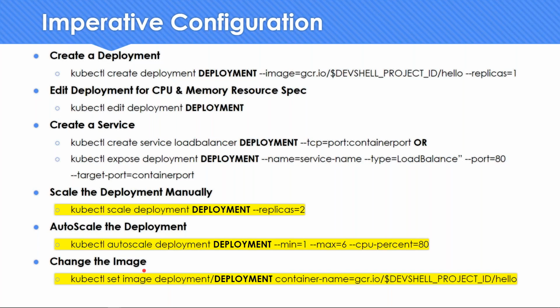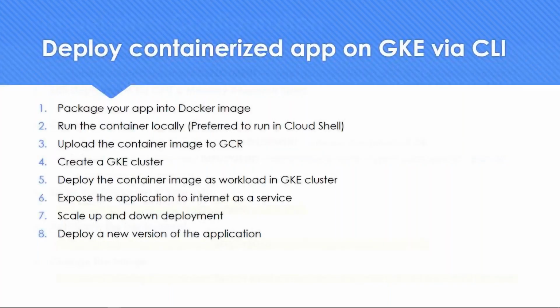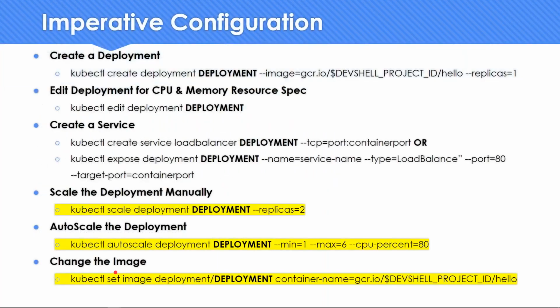The last part is changing to a newer version, like what we did in our UI, deploy a newer version. Since we already have a new image, what I'm going to run is this command: kubectl set image, the name of the deployment, and you need to mention the container name also here. What is your container name? And point it to a newer version.